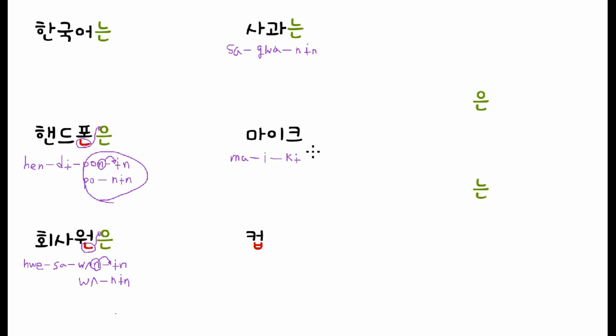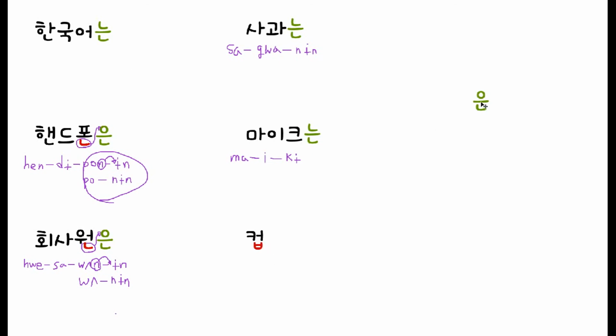Since it doesn't have a last consonant, this one comes up here. So ma, i, k, 는, right?